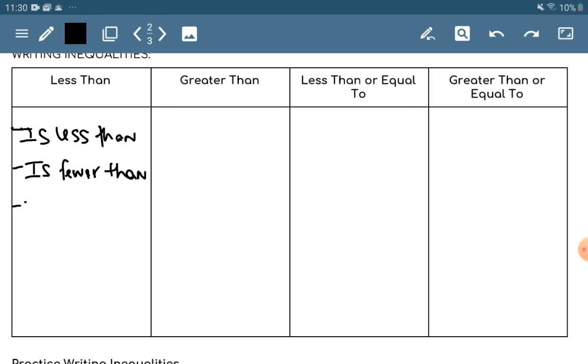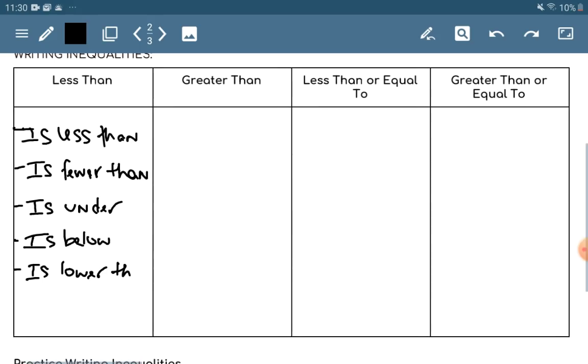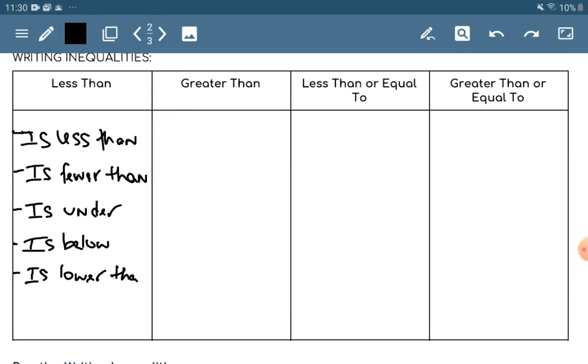Third is under. Fourth one is below. Fifth is lower than. And the final one I'm going to go over with you today is smaller or shorter than.